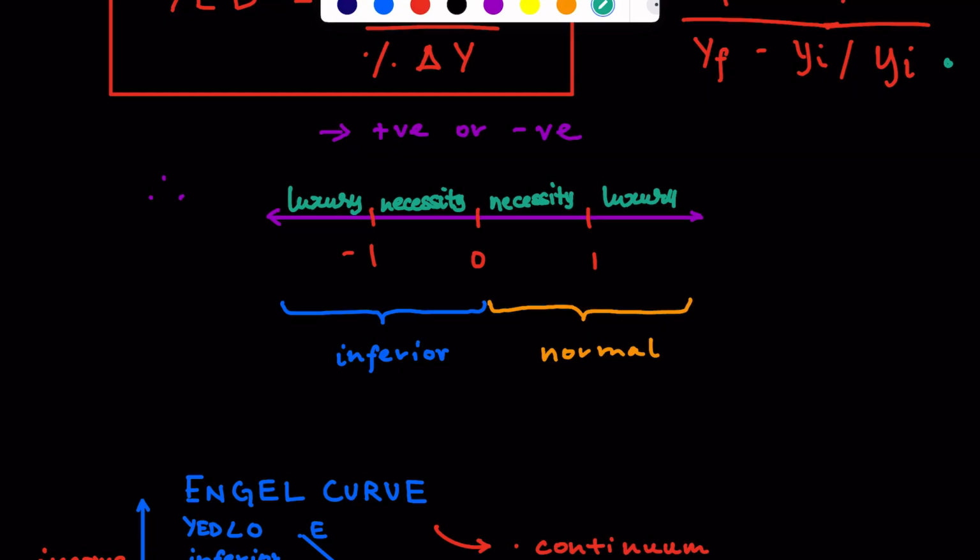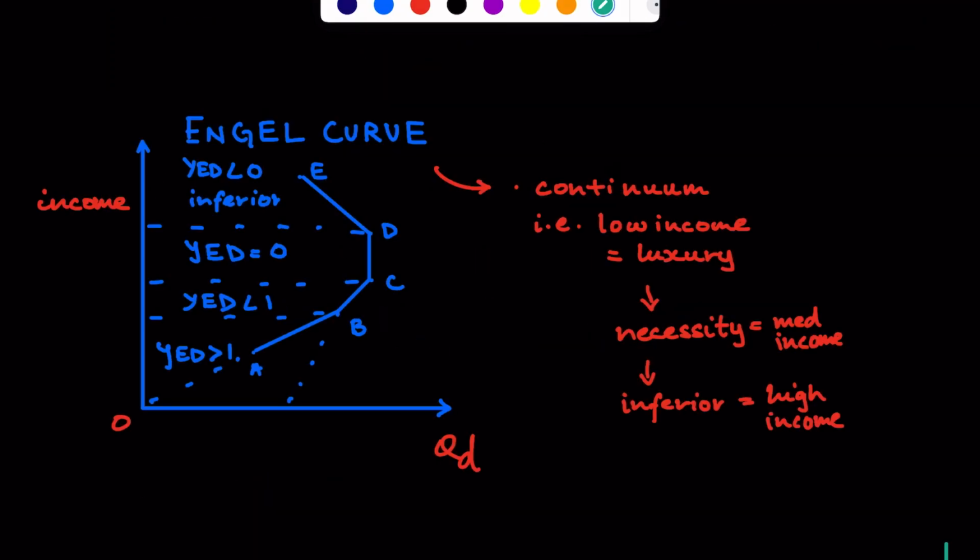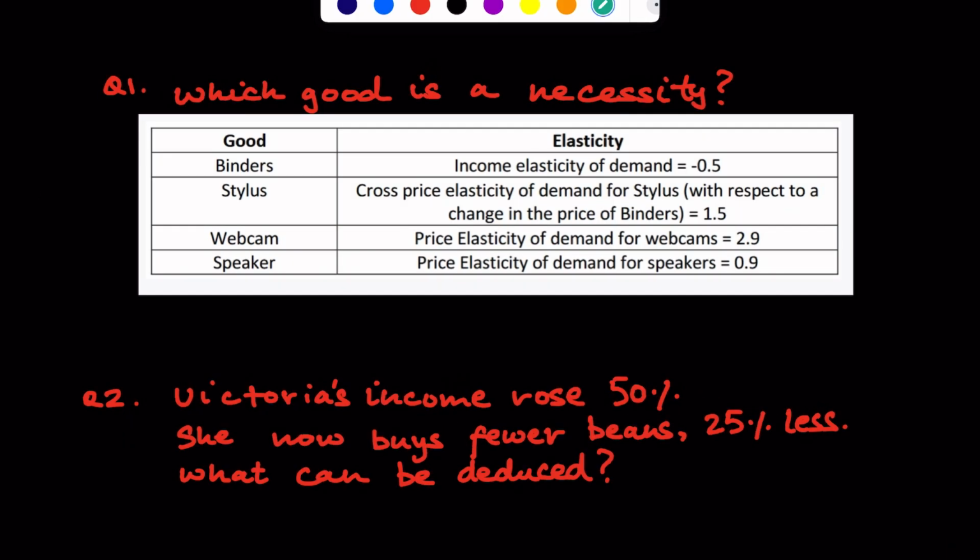So it kind of goes like a wave, where it reaches a peak and goes down, and that reflects the continuum of the Engel curve. Generally, this may be on exams where you might have to explain in essays, so it really helps. And let's go over 2 questions now.